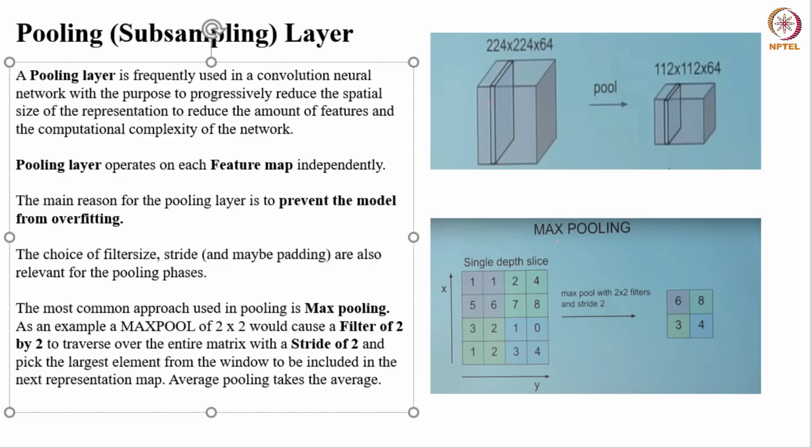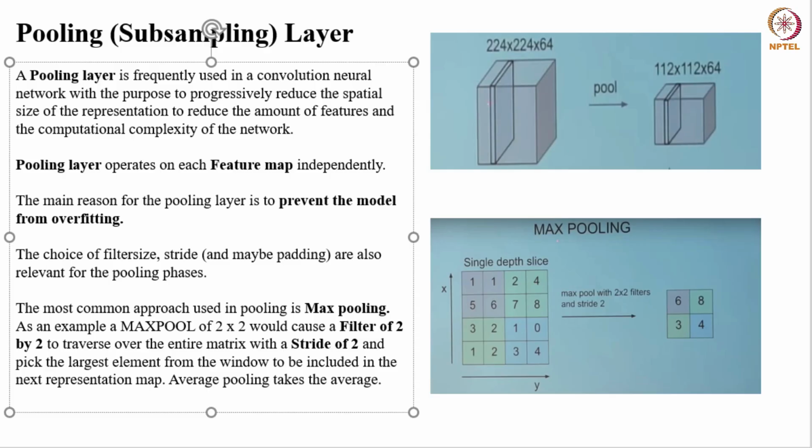The pooling, or subsampling, layer is a complementary step. So I said earlier, normally the convolution step is always followed by some pooling step. And the purpose of the pooling layer is to reduce the complexity of the array you created.